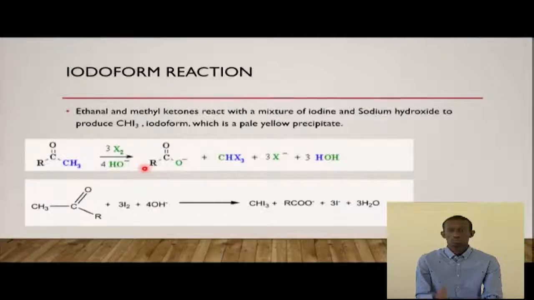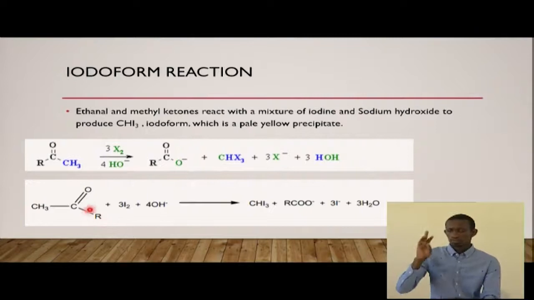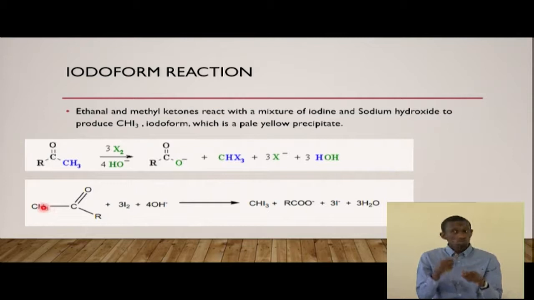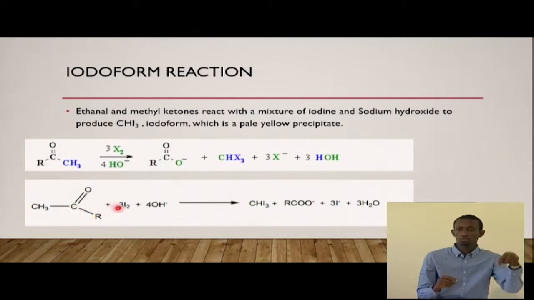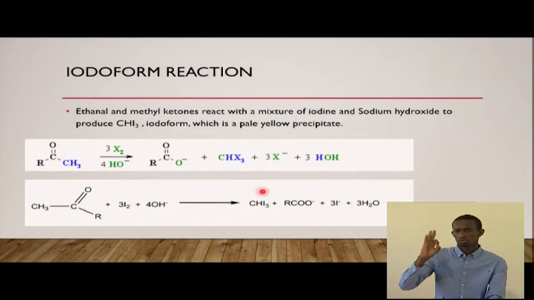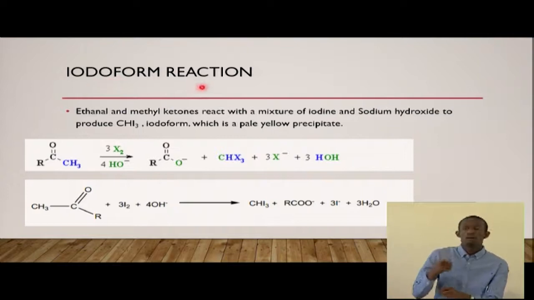So we have the reaction here. You have a methyl ketone here. This R can be any alkyl group, but make sure that to get a positive result, you have this methyl group on one side of the carbonyl group. And treated with iodine in the presence of sodium hydroxide, we get this compound, CHI3. This is the compound we call iodoform, and from there, we call the reaction the iodoform reaction.